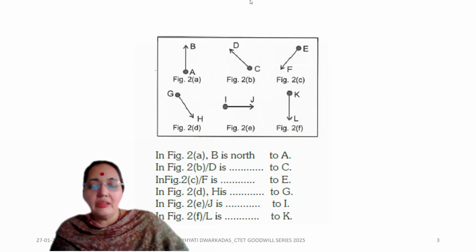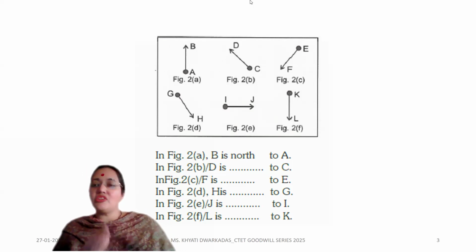In figure 2E, alphabet J is dashed to I. Very well done. And the last one, alphabet L is dashed to K. Very, very well done, Ruby ma'am and Surya ma'am. Congratulations. Keep it up.